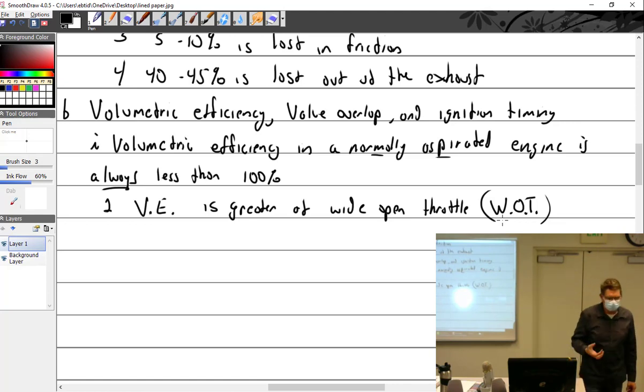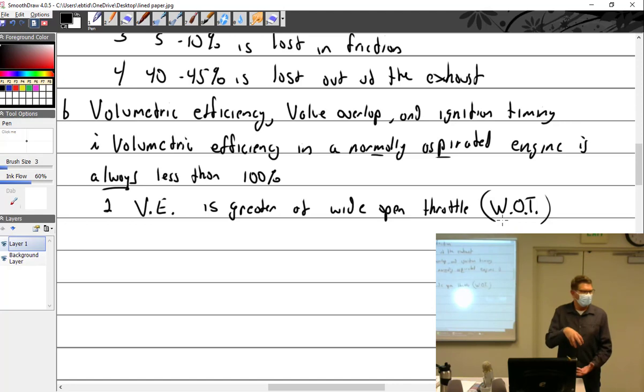It's like trying to suck a milkshake through a straw, though it isn't a good analogy because there's no throttle on a milkshake. But it's pulling hard and it's not coming through that restriction. And when the restriction is gone, of course you just lose the restriction. That's all. Because the throttle is a restriction, and that's why we have a high vacuum in the intake manifold.